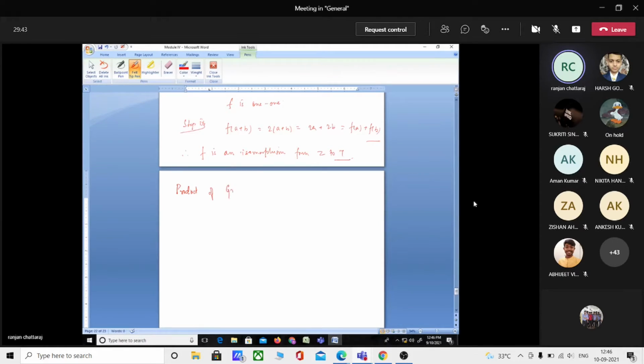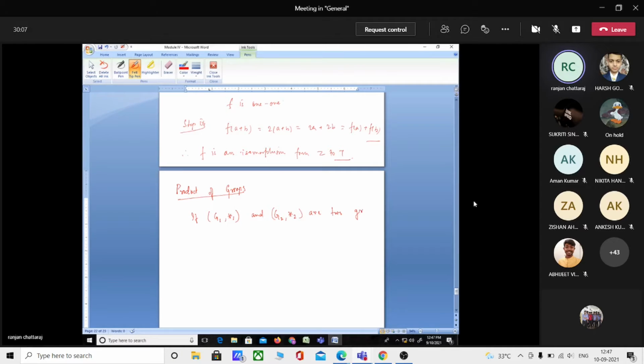Product of groups. Suppose we have G1 with star 1 and G2 with star 2. So what you see here are two groups.